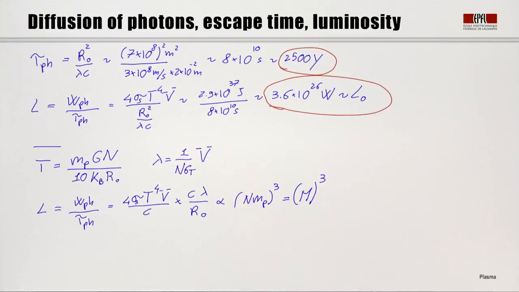In doing this, we realize that the luminosity scales like the third power of the mass, and this is an extremely important result, since from basic principles we have recovered a scaling law which is experimentally observed for main sequence stars.